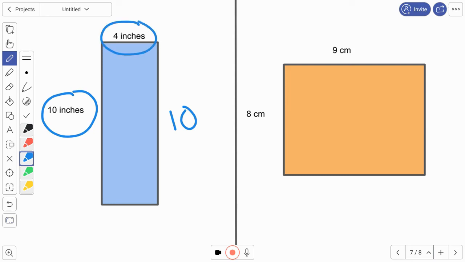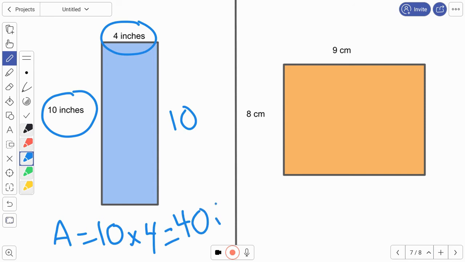All right, so if I was going to find the area of this shape, I would take 10 times 4, which gets me 40. I'm measuring in inches, so I'd go inches. And because it's area, we need to make those inches square units. So it'd be 40 inches squared for this rectangle right over here.